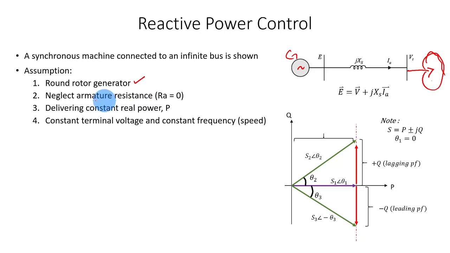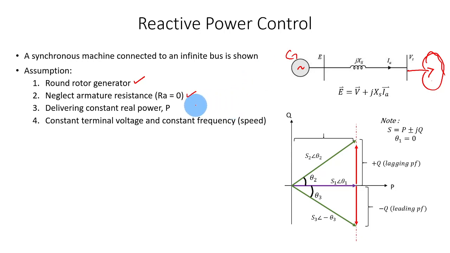Secondly, we neglect the armature resistance, so basically there's no resistance, because as we have discussed before, the armature resistance is typically very, very small compared to the synchronous reactance, so we can ignore it.